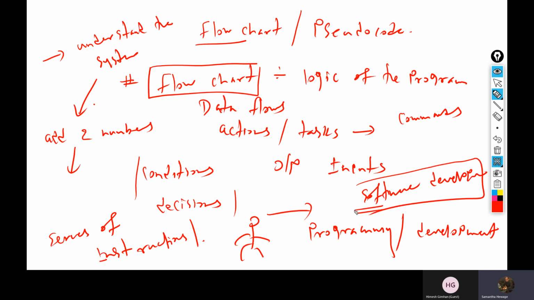A software developer has high skills in computer programming languages. He knows the logic, the programming concepts, everything. He is the person who develops the computer software, and not only develops it, he should test the system, run the system, find out the errors, figure out and clarify those errors, and fix them.